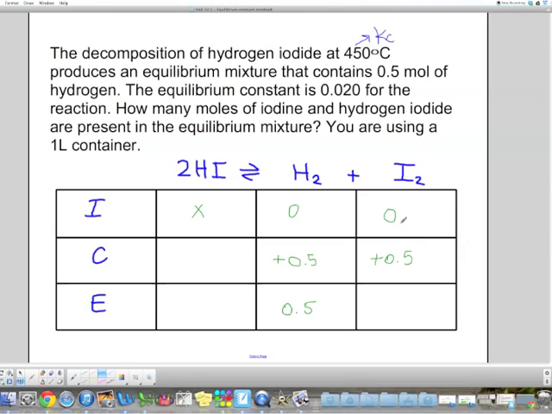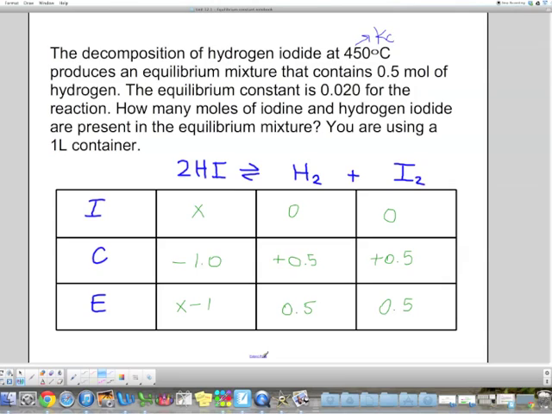If I started with nothing, that means at equilibrium, I'll have 0.5. Now, here it's 2 for 1. That means double the amount reacted. So that means I lost 1.0 mole per liter. So at equilibrium, I'll have X minus 1. I'll drop the 0. You'll see why after. It'll just make it easier mathematically to solve after.